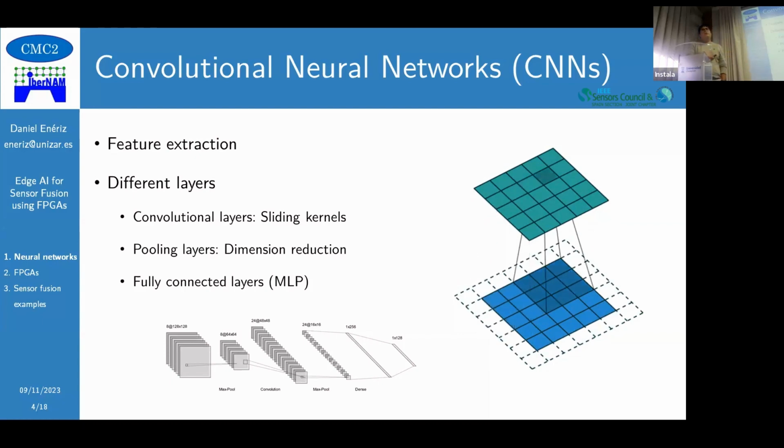Then you also have pooling layers, which reduce the dimensionality by extracting key information or consolidating it. It's also common to place fully connected layers, the same we have seen before in the MLPs, at the end of the models to give the final outputs.